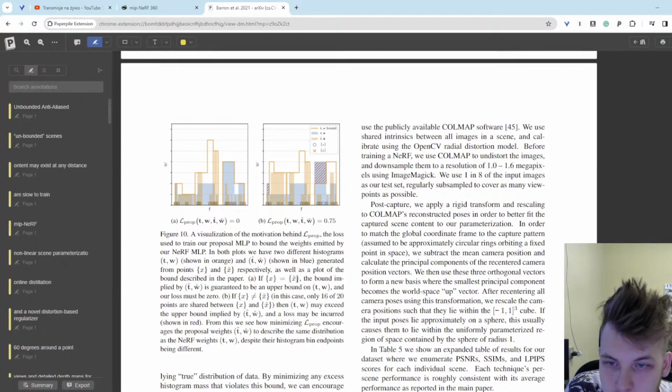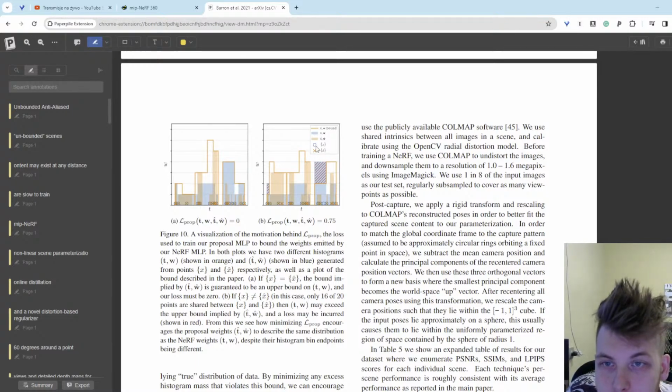If x equals x-hat, the bound implied by t-hat and w-hat is guaranteed to be an upper bound on w, and our loss must be 0. If x is different than x-hat, in this case only 16 of 20 points are shared between x and x-hat, then w may exceed the upper bound implied by w-hat and loss may be incurred. From this we see how minimizing L-prop encourages the proposal weights to describe the same distribution as the NeRF weights, despite their histogram endpoints being different. Okay, let's see. So part A, x equals x-hat.